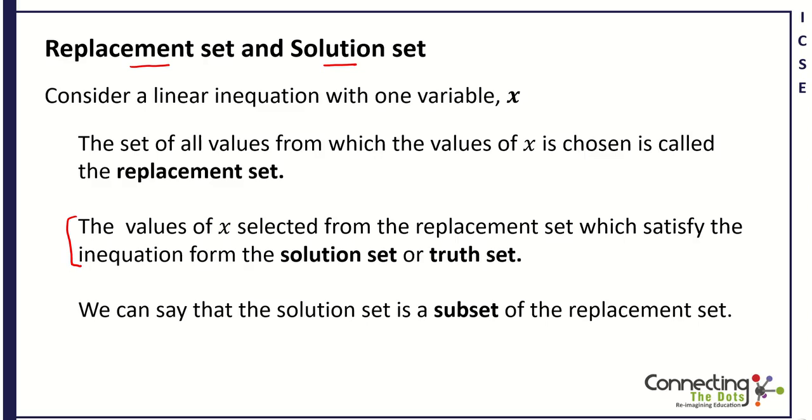So if you have a list of all possible values that you can choose from, and you are told that you have to pick a solution from that set of numbers, that becomes the replacement set.